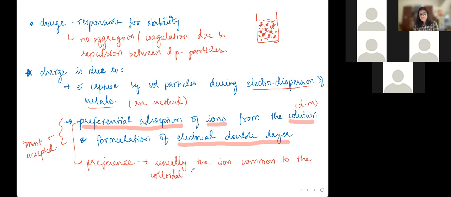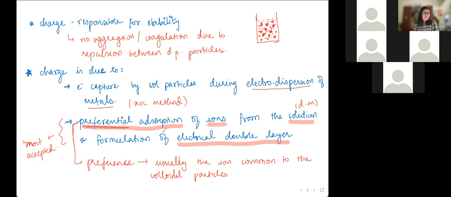Ma'am, could you elaborate a little more on the example and put it in words of this statement? Yes, I will do that. Just a minute. This is the theory: preferential adsorption of ions from the solution, the dispersed medium, the already existing solution, and because of that adsorption, an electrical double layer ends up being formed.